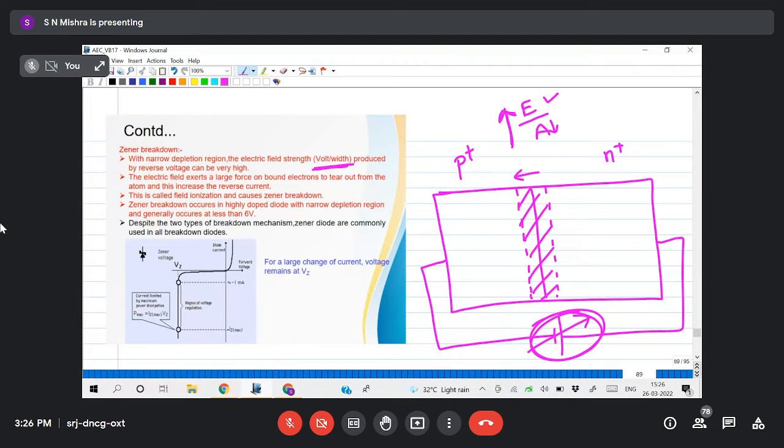Same thing is happening here: we are increasing the voltage, which means we are giving energy, and the electric field strength is increasing, but here the difference is that the strength is increasing due to the smaller depletion region. Then what will happen?